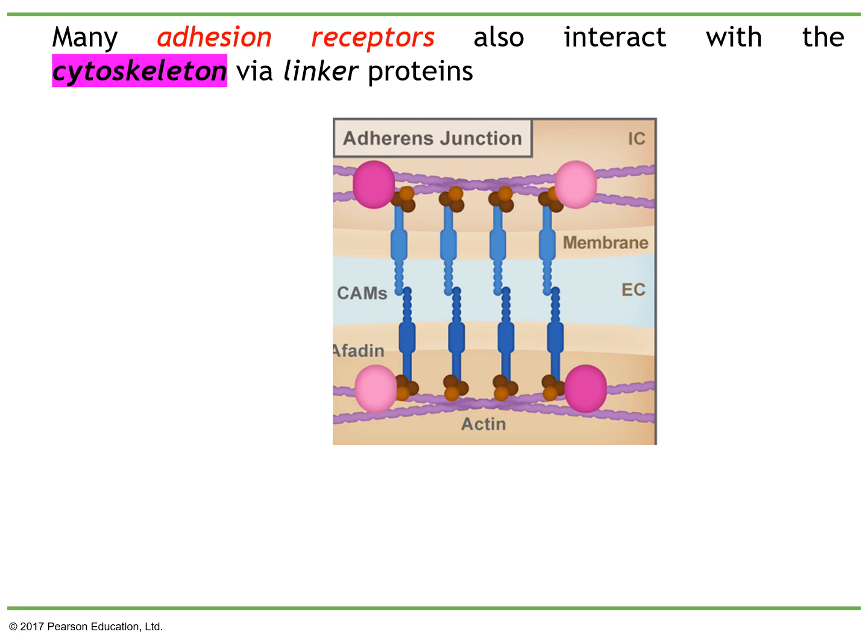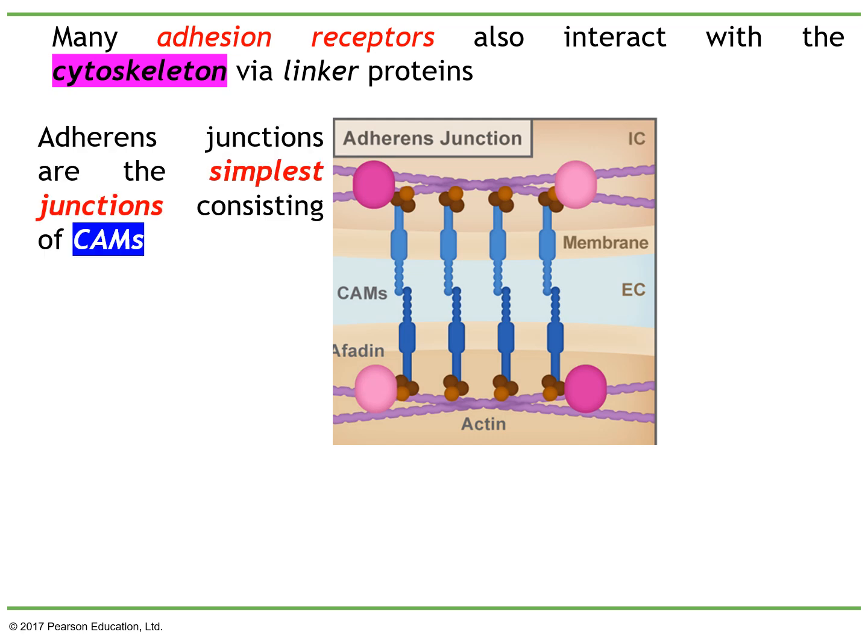Okay, here you can see another diagram, and you know that when we talk about adherens junctions, we always have actin there. Here you will have these brown three proteins that are called catenins, and here you will have these CAMs that are cell adhesion molecules, and you have two main ones that are cadherins and integrins, okay?